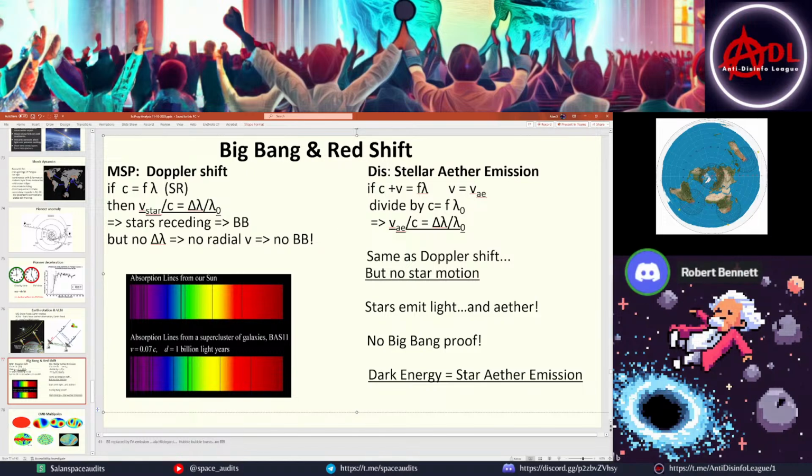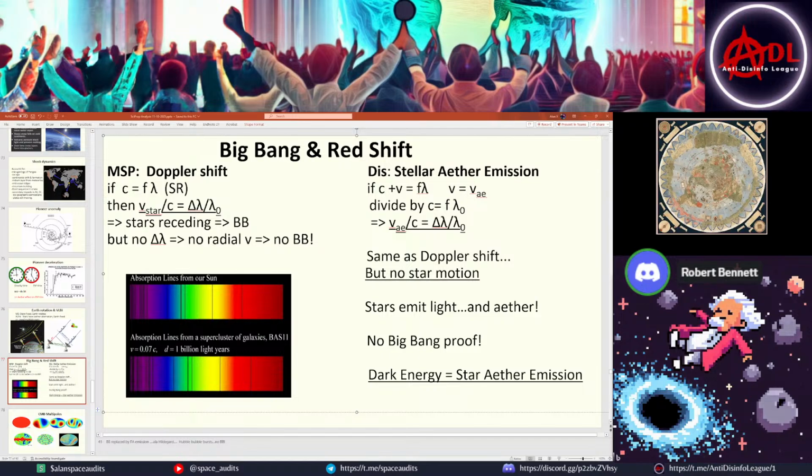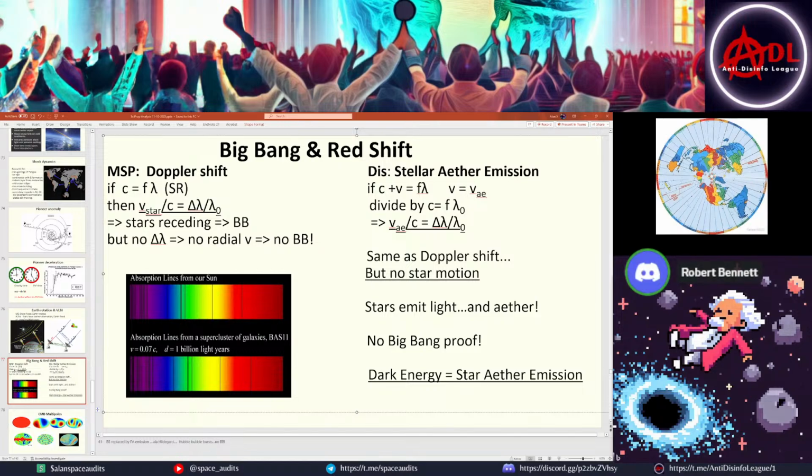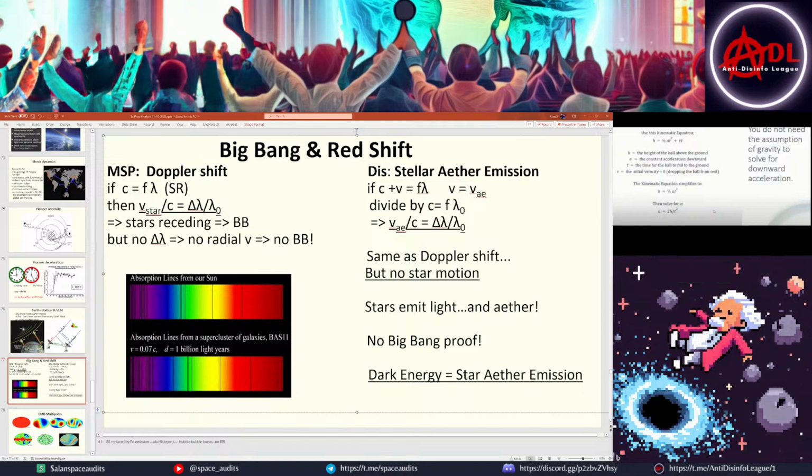Now, if I'm correct, and I'm basing this partly on Hildegard's ether wind model, then the stars can be stationary, and if they emit ether along with the light, then it'll have the same effect mathematically as a redshift. And the wavelength will also increase with an incoming ether stream with a light beam riding on it. And that's my model so far, Austin, of what a redshift really is.